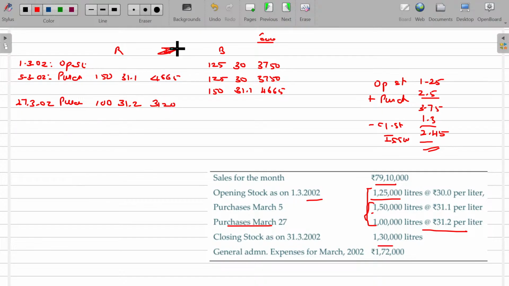You can see that issues also can be recorded later on in this model. So 125 units at rupees 30, 3,750. 150 units at rupees 31.1, value being 4,665. Another 100 units at 31.2, 3,120.